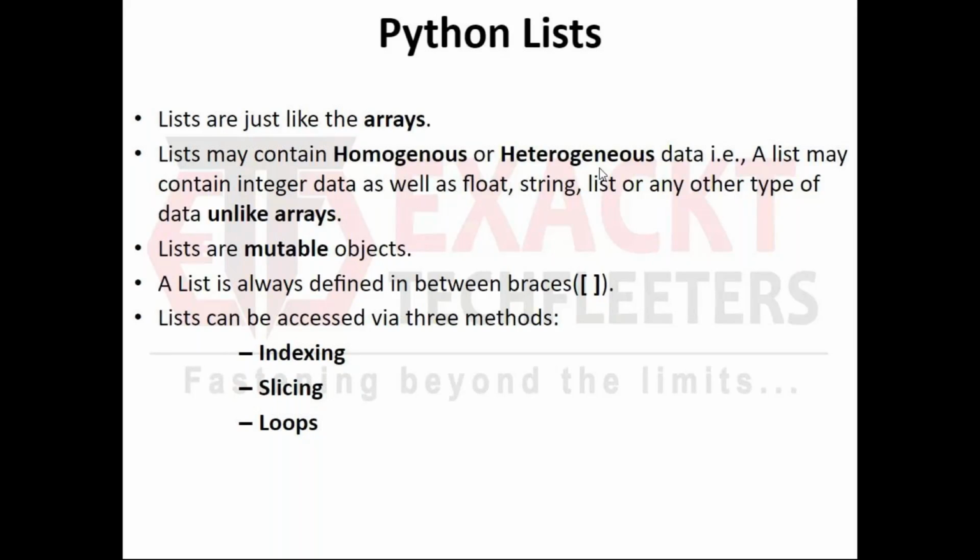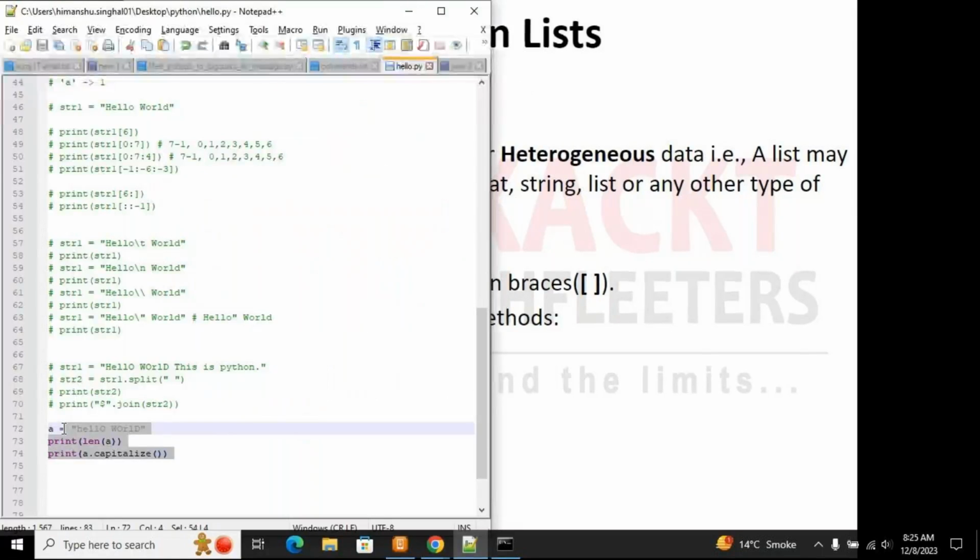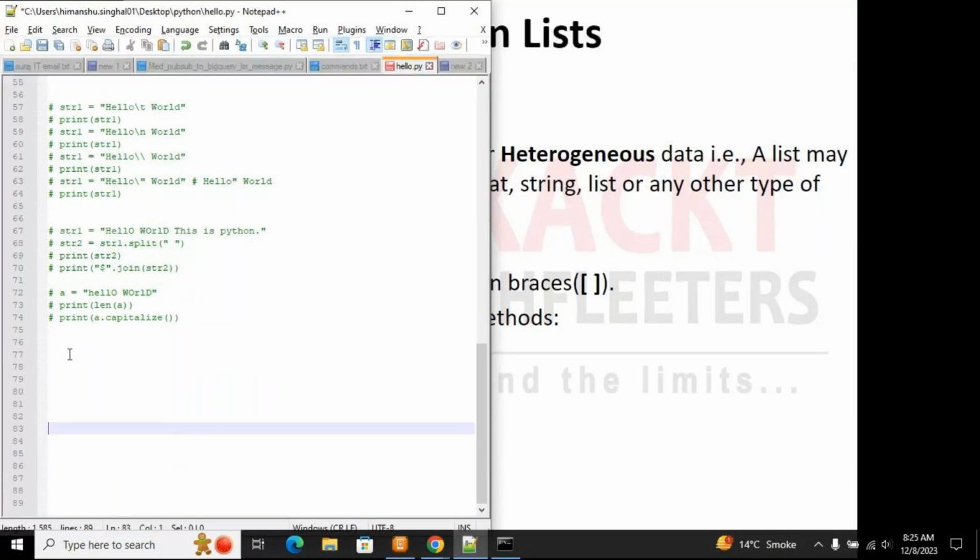Cool. So let's go to the list. Another topic is list. I already showed you yesterday what a list is and how to create it. You can create a list between square brackets. A list contains multiple elements.